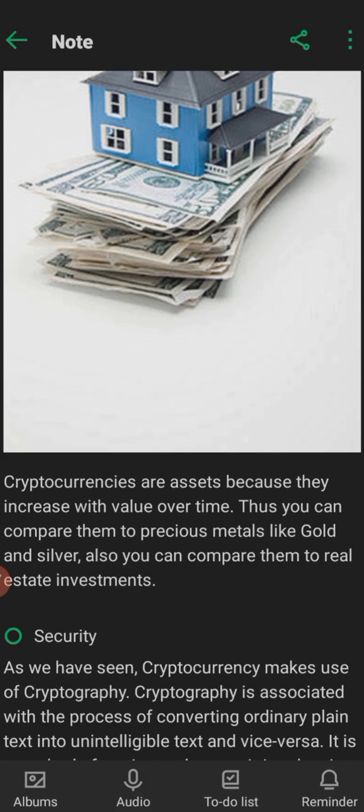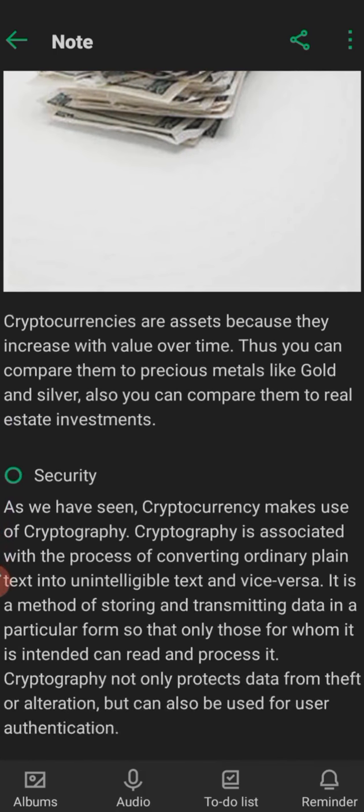You can compare crypto with buying hard gold or whatever form of investment. Now, since crypto is an asset, before deciding to buy any cryptocurrency, just the same way a real estate investor will go into the market and look for a viable asset, you who want to be a crypto trader, you who want to be a crypto investor must also take the pain and do your own research.